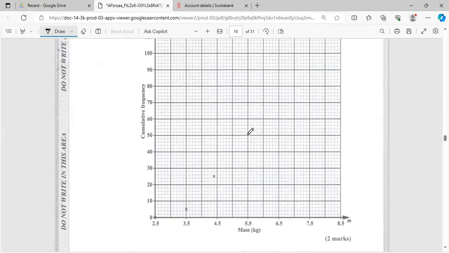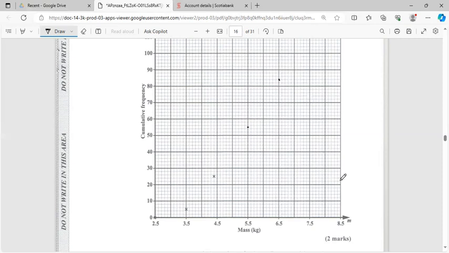Basically, we're going up by 2: 54, 56, 58, 60. So 55 would be about midway right here. Next one is 84. So boom, 80, 1, 2.